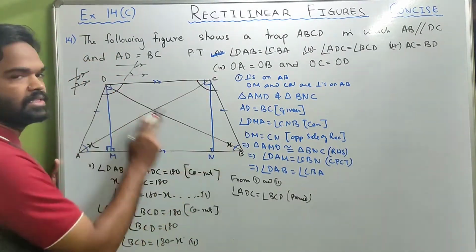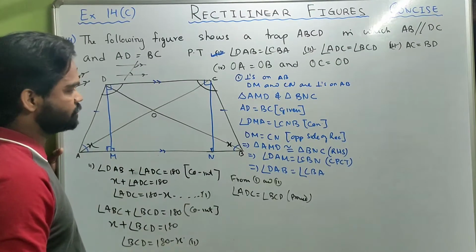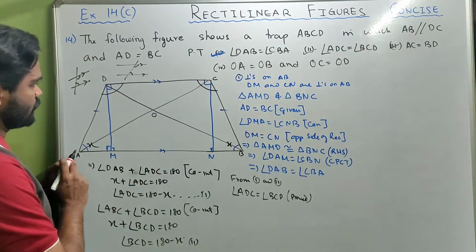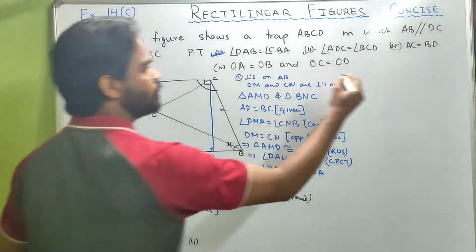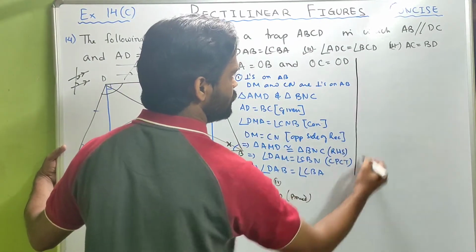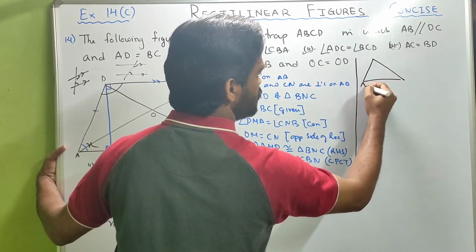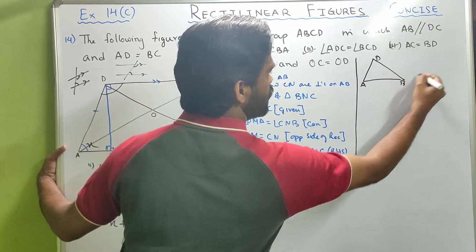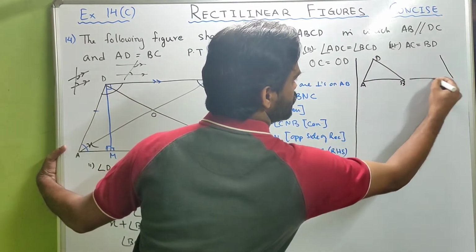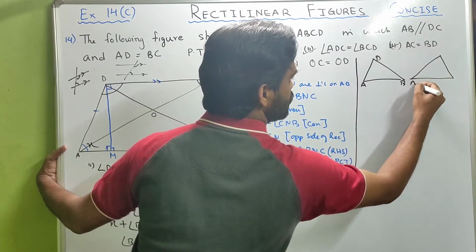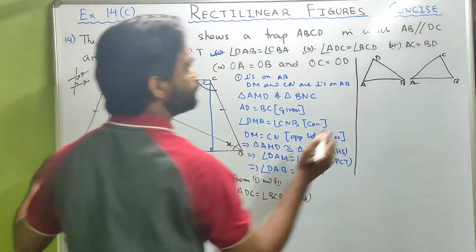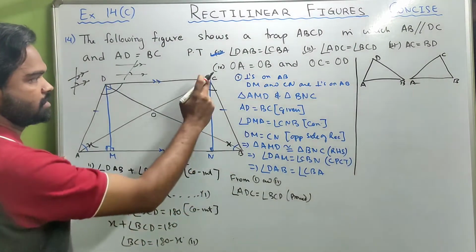AC equals BD. Very easy. Take triangle ADB and triangle ABC.